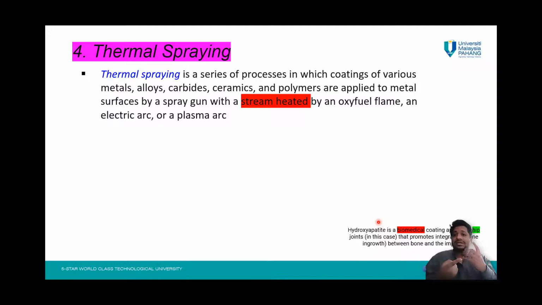Okay, carbides are tungsten carbide, silicon carbide, titanium carbides. These are very hard ceramic materials. Then I can do polymer coatings, I can do ceramic coatings, so they can be applied with the help of a spray gun. So this is my surface, this is my spray gun, and this spray gun has got a heating element, and I'm going to spray the coating onto the surface.